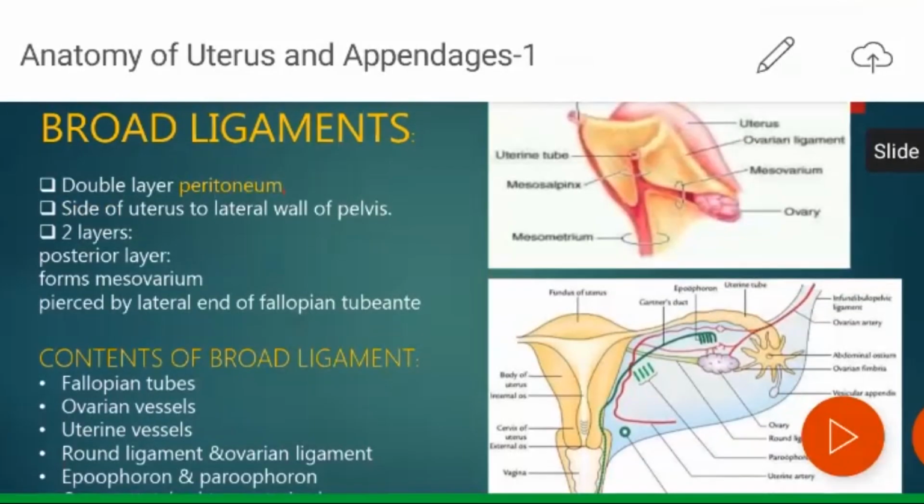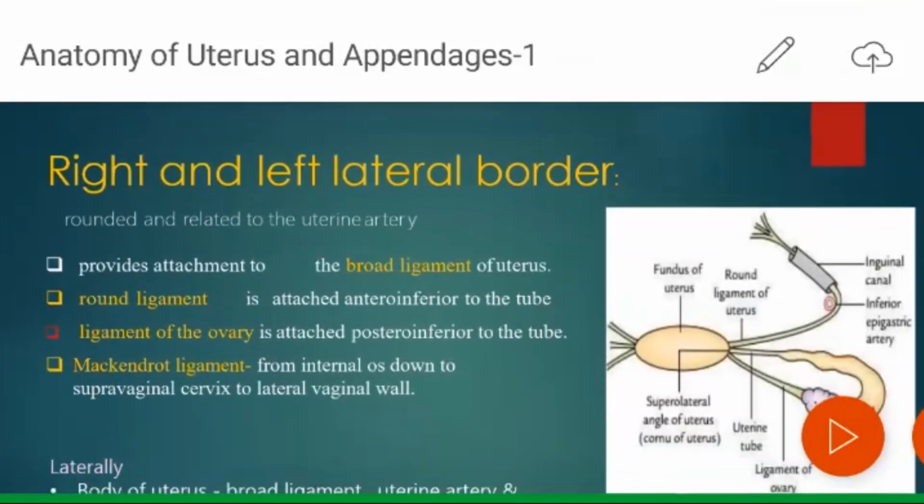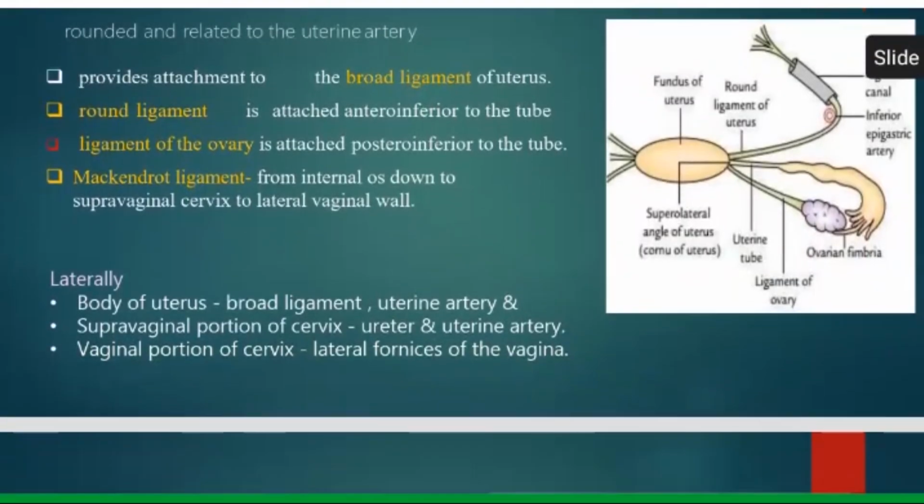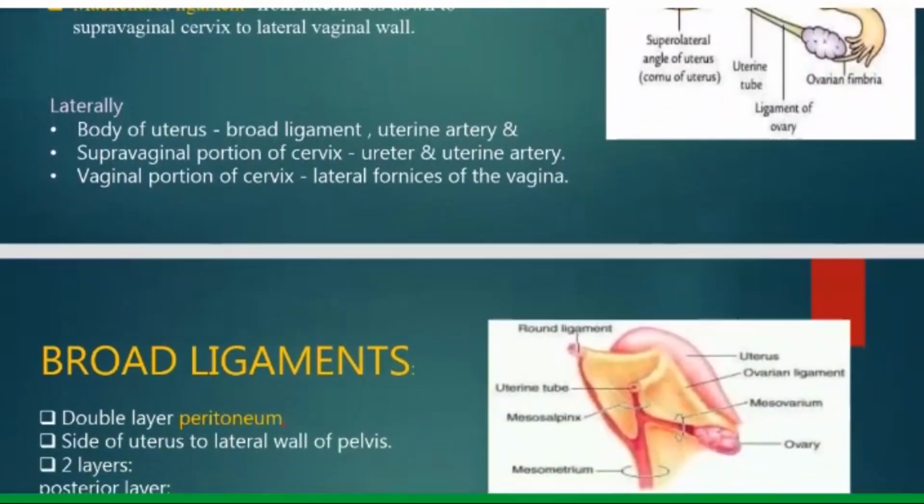So in the lateral borders, there are the broad ligament, round ligament, ligament of the ovary, and Mackenrodt ligament. These are the structures, and you can separate them by the body, broad ligament and uterine artery.